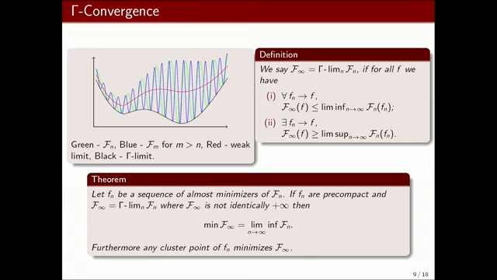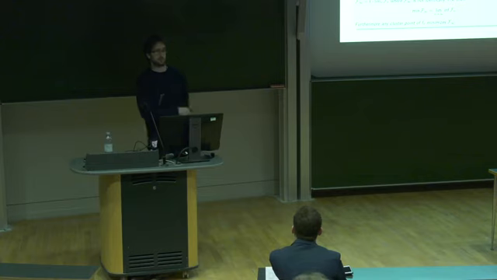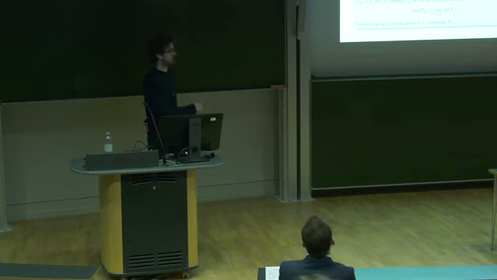The minimum of the gamma limit is equal to the limit of the minimum of the sequence of functionals, and if we take any converging subsequence of these minimizers, it's going to converge to a minimizer of the continuum problem. So this is really just convergence of the minimum and convergence of minimizers.